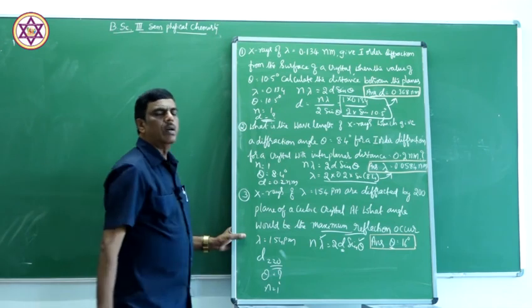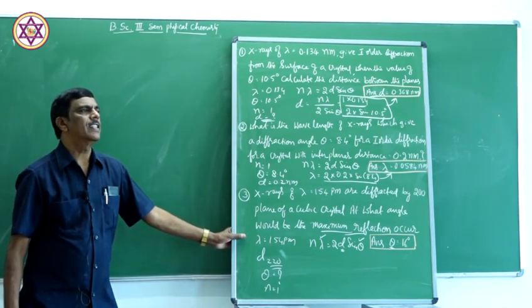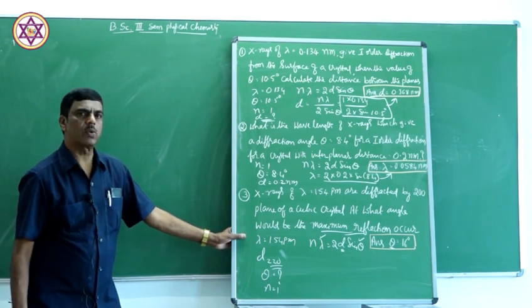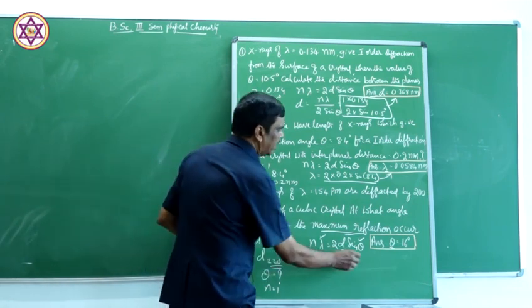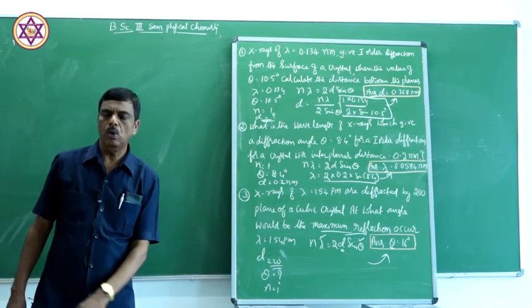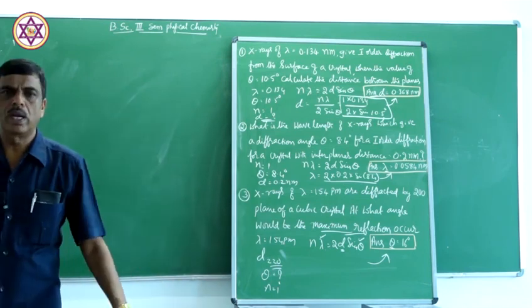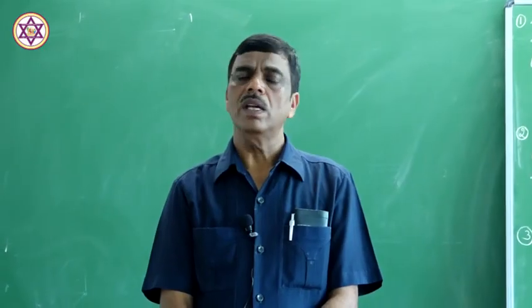You find out the distance of the 220 plane, and you substitute it along with lambda. You will get the answer theta is equal to 16 degrees. So, that is how by knowing the other factors one unknown can be determined. That is about the calculation.